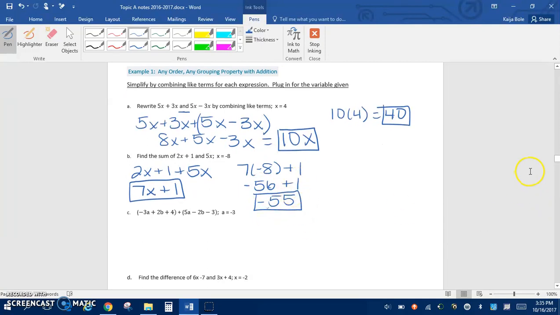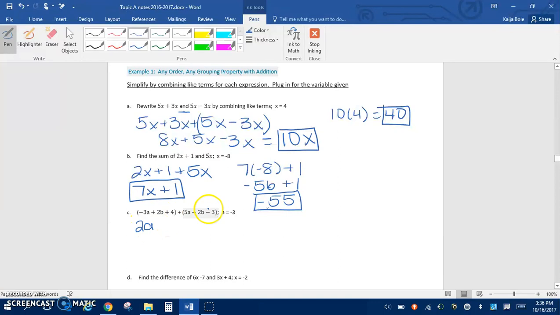Right, part C here says the quantity negative 3a plus 2b plus 4 plus the quantity 5a minus 2b minus 3. Right, so if we have addition here in the middle, that means that nothing's going to happen to these signs really. So let's combine the terms. We have negative 3a plus 5a, which would give us 2a.